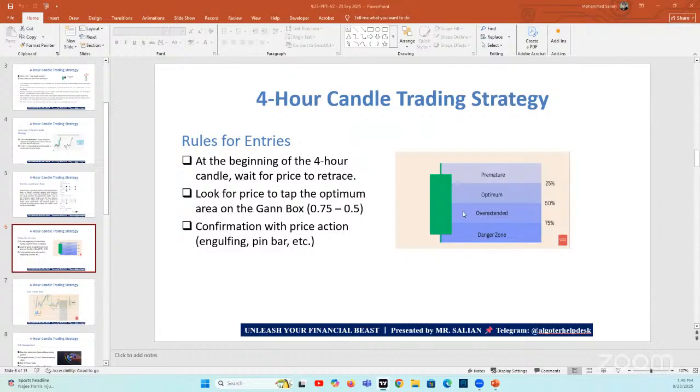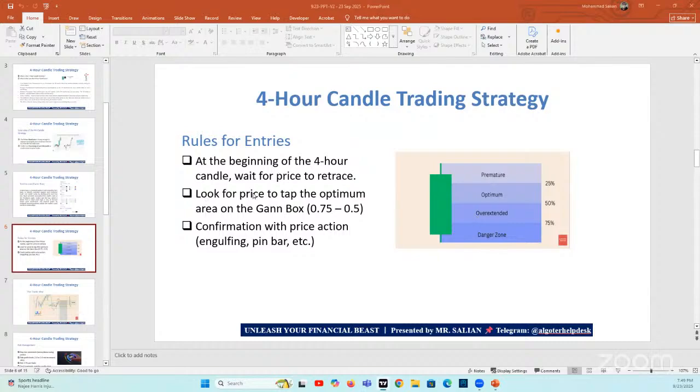Here, the first three, yes, you can think of buying. But when it reaches the danger zone here, you have to be very careful now, because it can close as a red candle, and then that's it. The bias has changed.